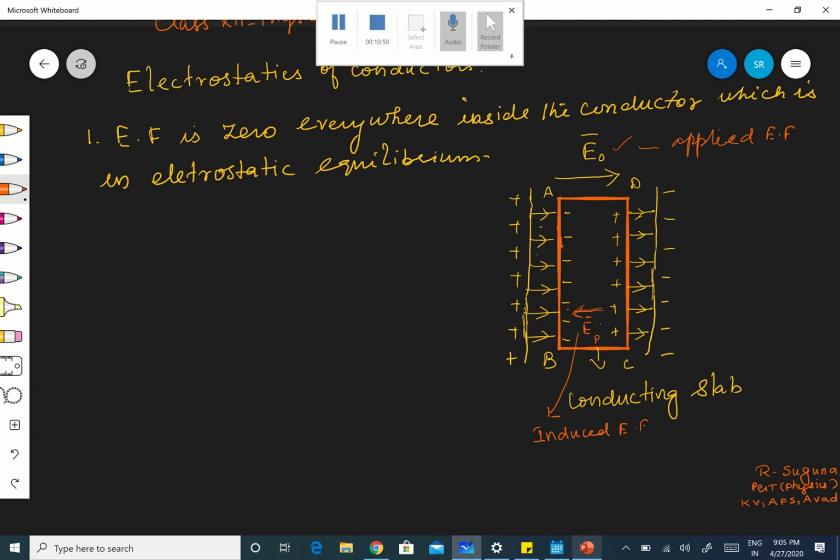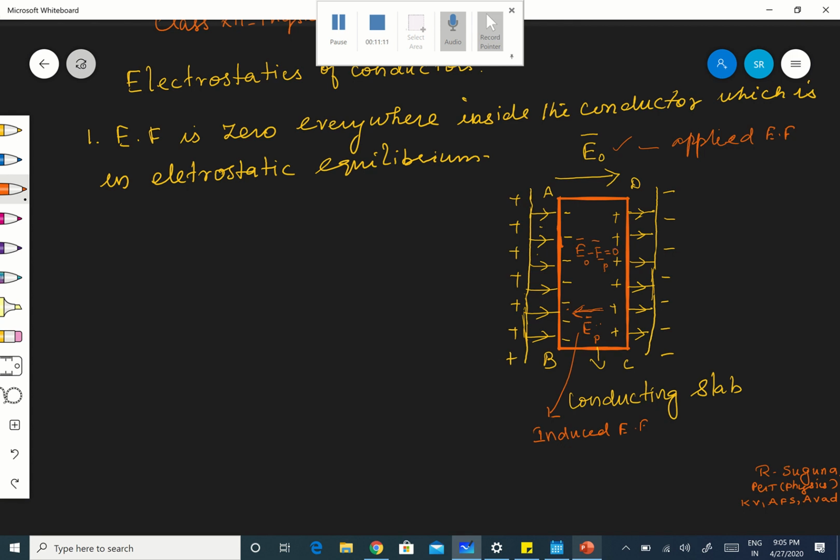What will be the net electric field? The net electric field will be E naught minus EP, since they are opposite, and that will be equal to 0.